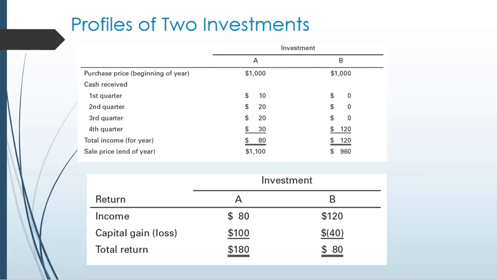Started off at $1,000, we sold it for $1,100. So the total return was $1,180. We'll talk about how we calculate this return in a little bit. For asset B, it has higher income cash flows, but it has a capital loss. So the total return on B is $80.